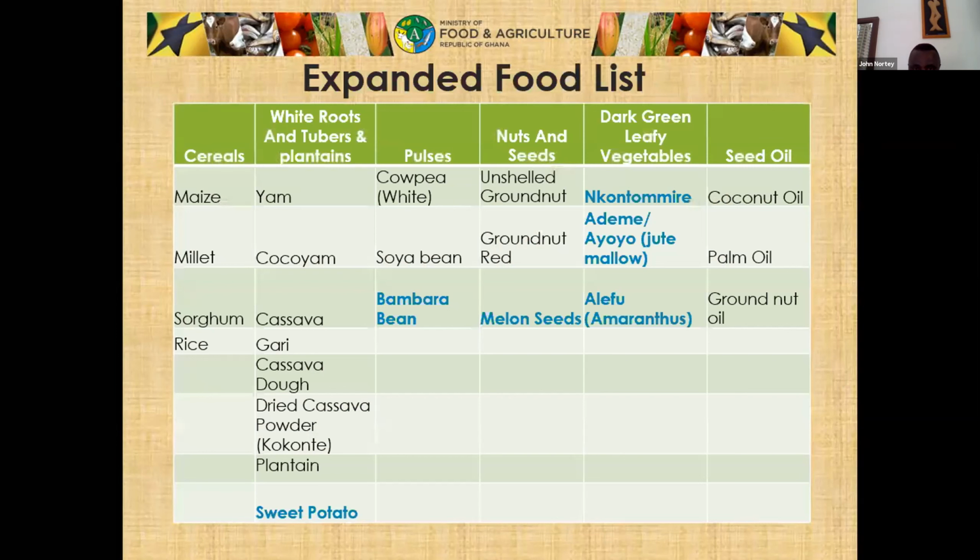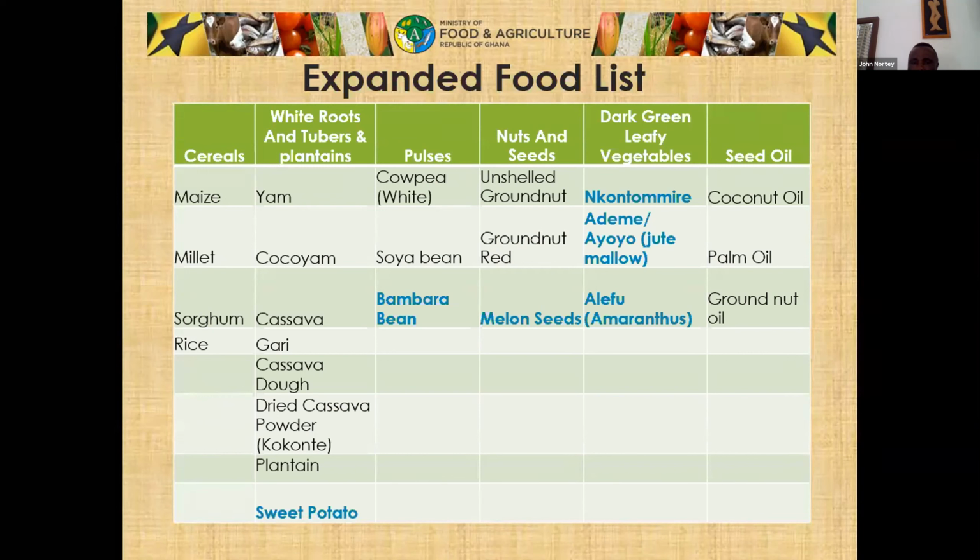If you can see my metrics table here, the blue color shows the foods that were included. For cereals, we didn't have any problem. For white roots and tubers, we added sweet potatoes. For pulses, bambara beans were added in addition to cowpea and soybean. For nuts and seeds, we included melon seeds.